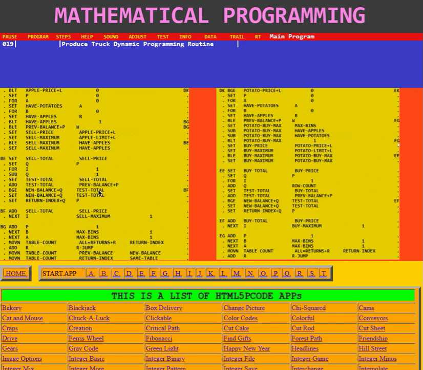But if it is better, then we set the new balance Q to this test total. And so it has a trail back to the beginning. We must remember where it found it. And we say, well, if you're at this index for this particular city, you go back to P. That is your offset when you go to the previous city.